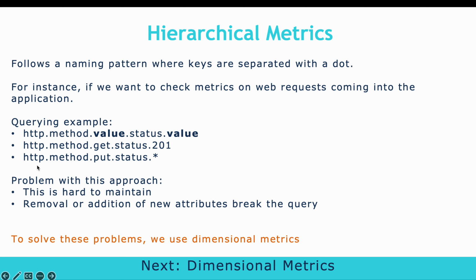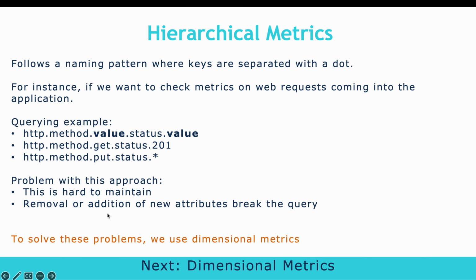And if we were to remove one attribute, or if we were to add, let's say on the HTTP method, a dot and then a new attribute there, our already existing queries will break. So clearly, this is not maintainable, and additional things will break our existing queries, because you have to follow that strict order separated with dots.